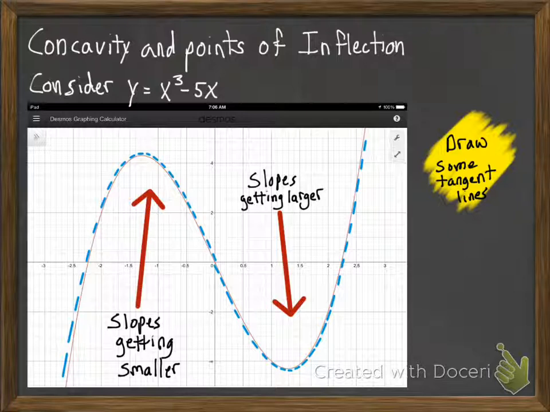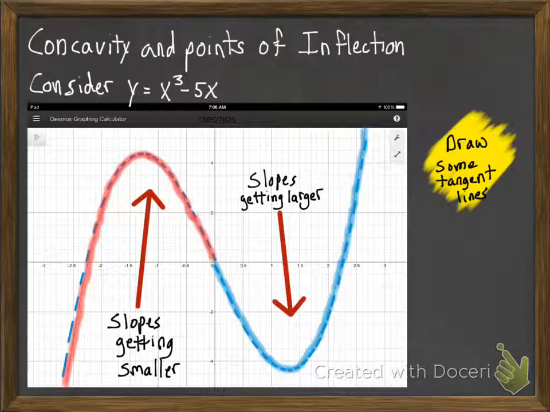And of course, as we pass the relative min there, it starts to increase now. And you can see they're starting to get steeper. So we can mark in red the places where the slopes were actually getting smaller, and we can mark in blue the places where the slopes were getting bigger.